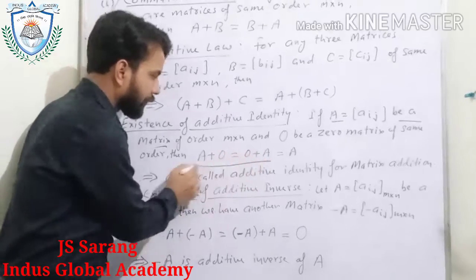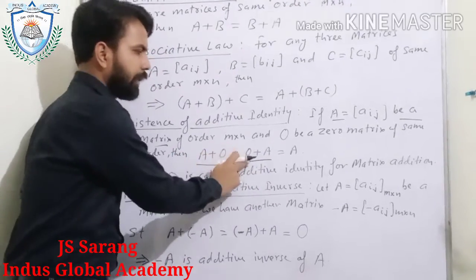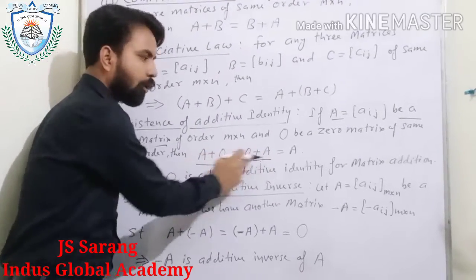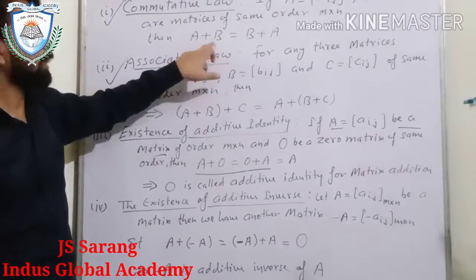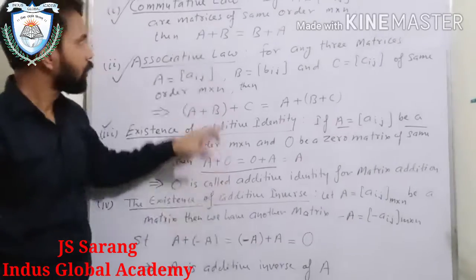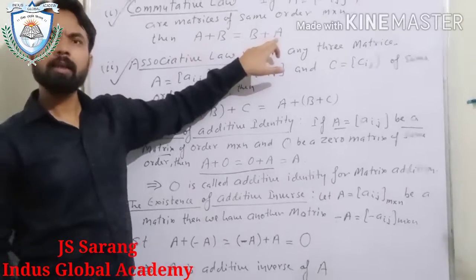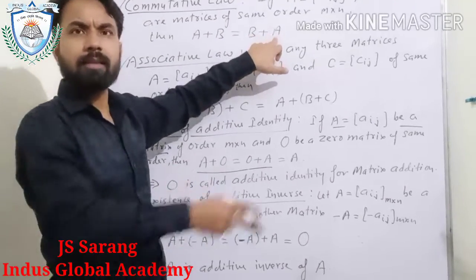See this, A plus O equals O plus A. This is the commutative law, or not? In place of B there is the O matrix. So A plus B is equal to B plus A. Addition of matrices satisfies the commutative law.